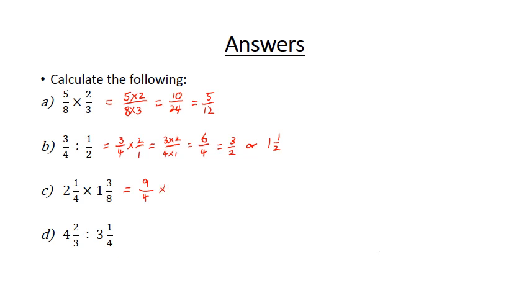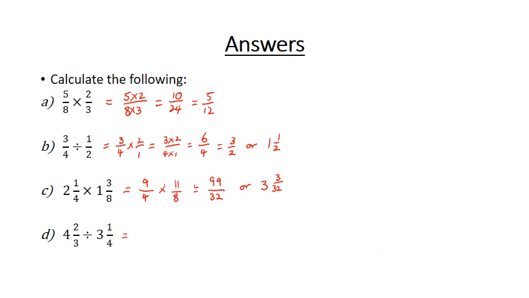We're going to times that by 11 over 8, which in this particular case is 9 times 11 is 99, 8 times 4 is 32, and there's our fraction. If you wanted to write that as a mixed number, you could end up with 3 and 3 over 32.